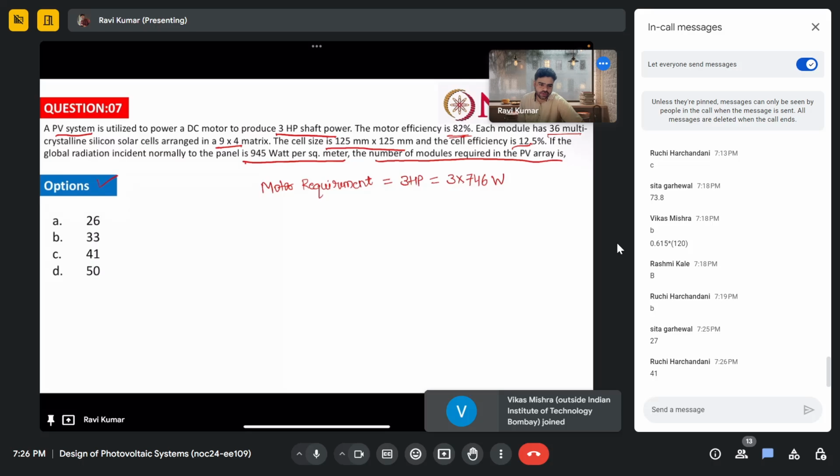Ruchi calculated 41. So from the answers, Ruchi is expensive as compared to Sita. Sita said 27. So we need how many more? 14 more modules in case of Ruchi.